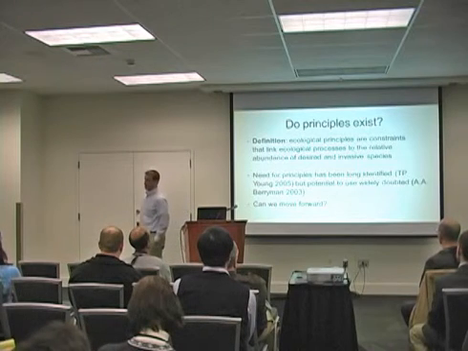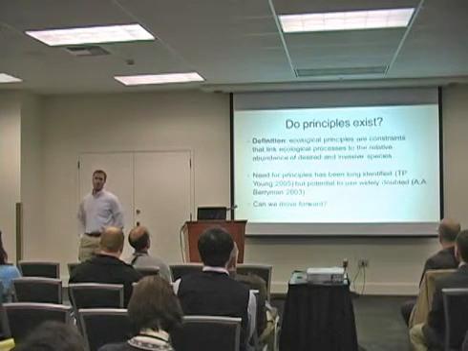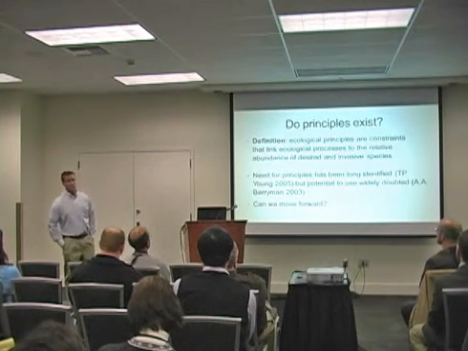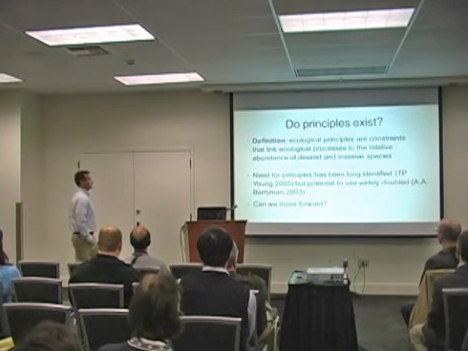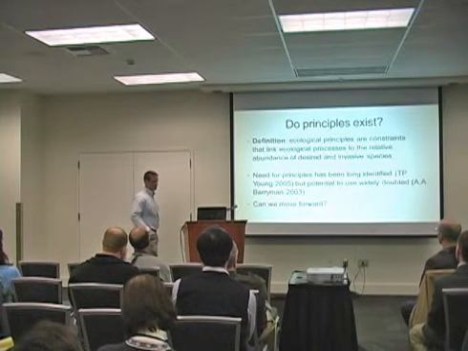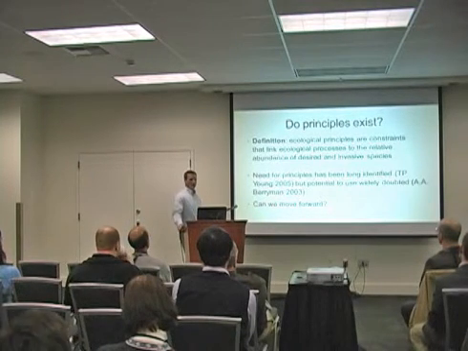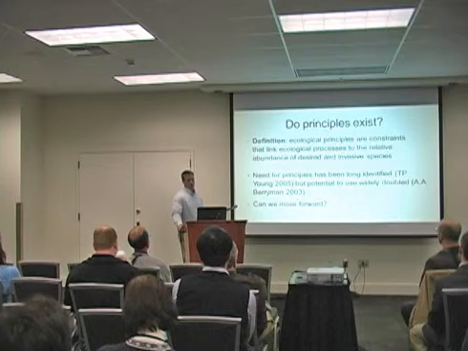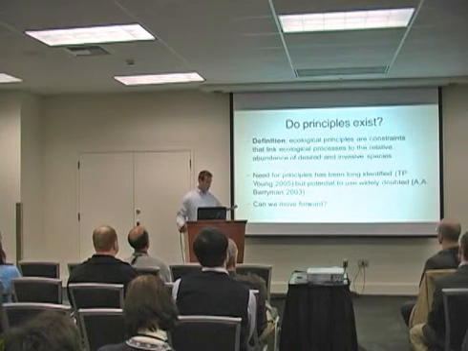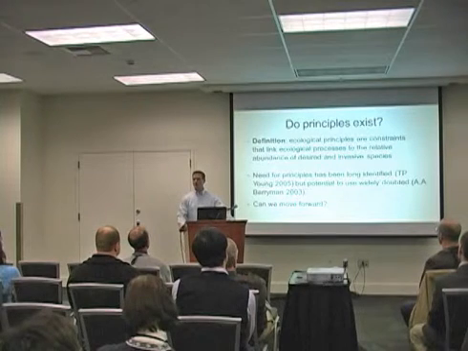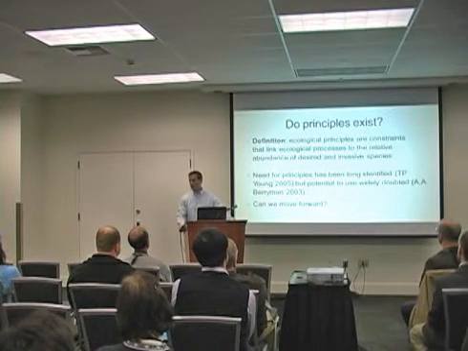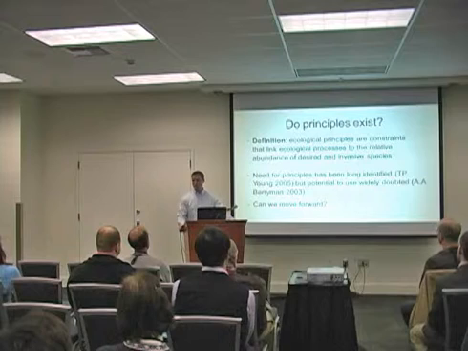So I bet a very reasonable question that a lot of you guys have on your mind is, do principles exist? And that's a very, very valid question. So to talk about this a little bit, we need to first define what an ecological principle might be. The way I've approached it here is to take the general concepts of principles in, let's say, a field like physics, and adapt it to ecology.